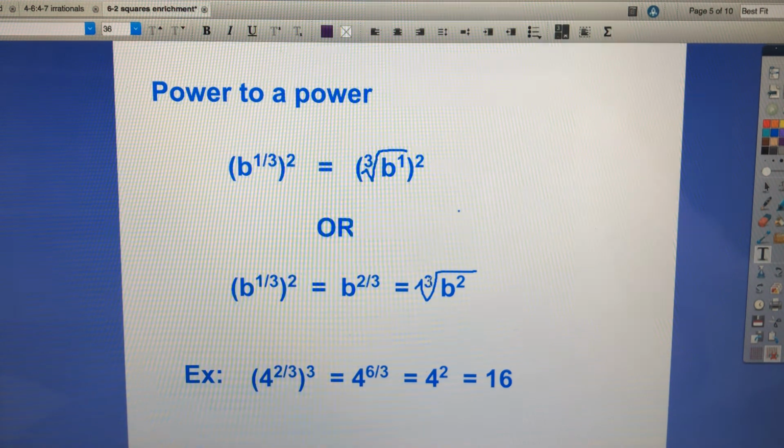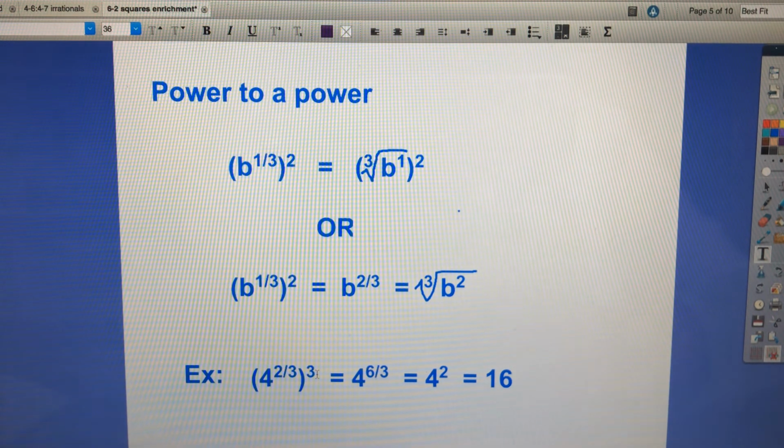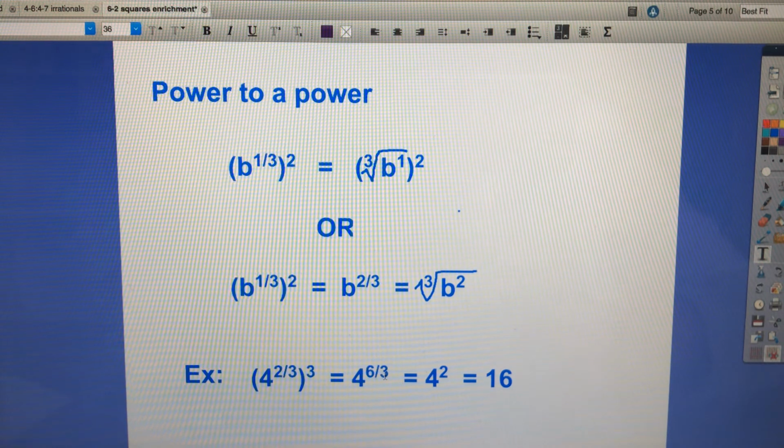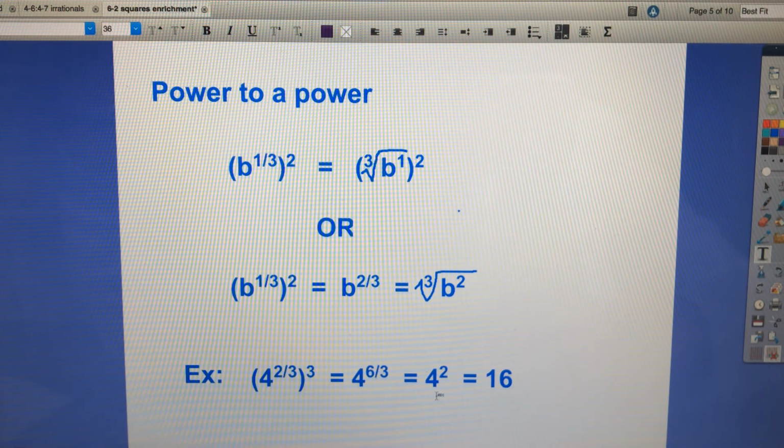Much easier. 2/3 times 3, 4 to the 6/3 power. 6/3 reduces to 2. 6 over 3 is 6 divided by 3, which is 2. 4 squared, my answer is 16.